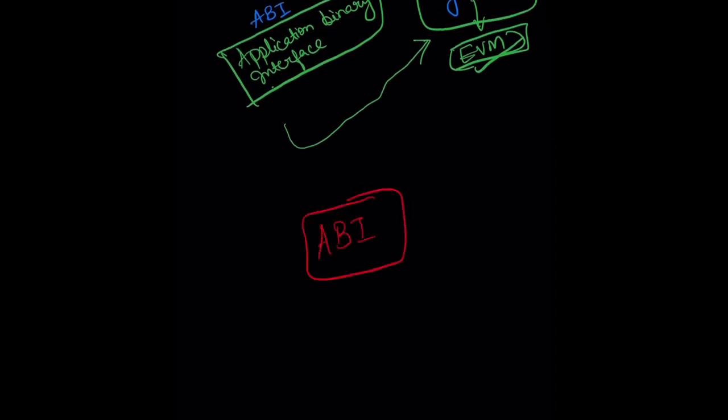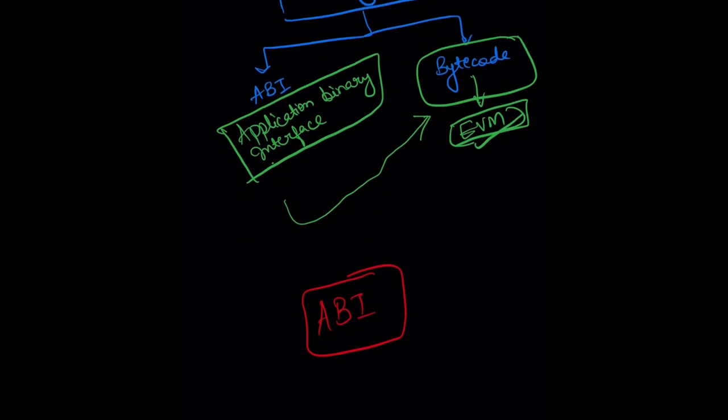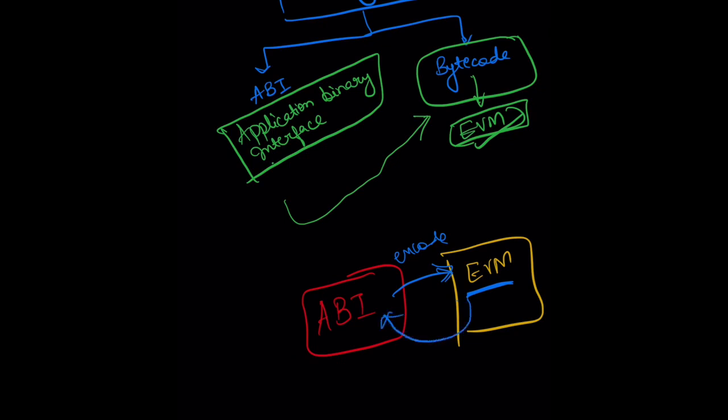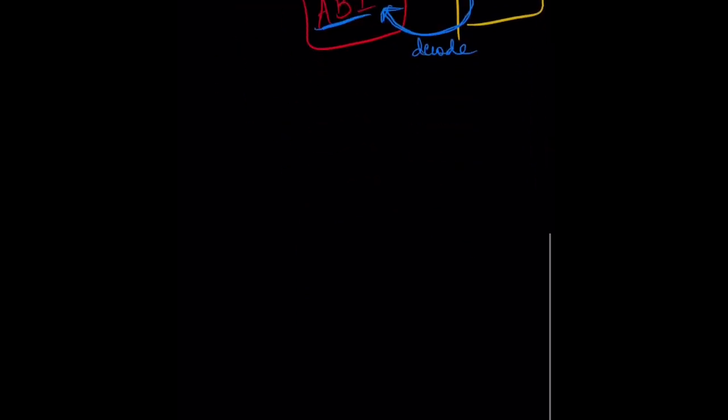This is the ABI that actually tells you how to encode and decode data to the EVM. Now suppose this is your EVM. This is how you know how to encode data and talk to the bytecode on the EVM, and the transactions that you get out of the EVM, how do you decode them? So your application binary interface tells you the expected input and output and how exactly you should expect the schema.